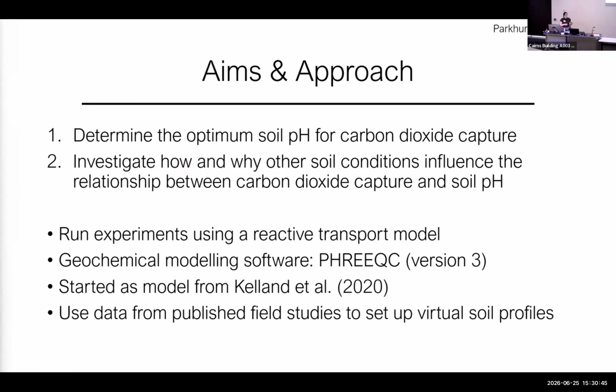The model started as the model published by Calland et al. in 2020, but we've made quite a lot of changes to the model since then that I'll go through soon. But essentially we used data from published field studies to set up a virtual soil profile that we could then manipulate for our different experiments.